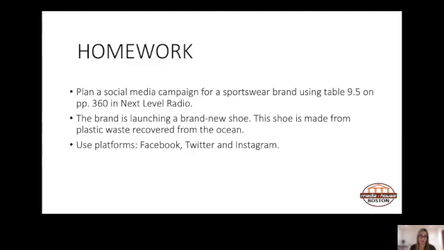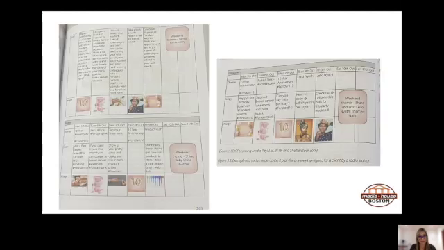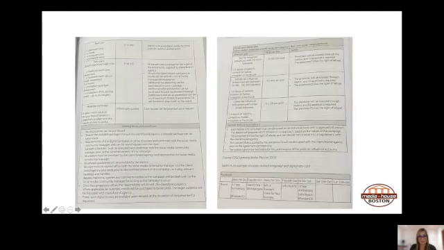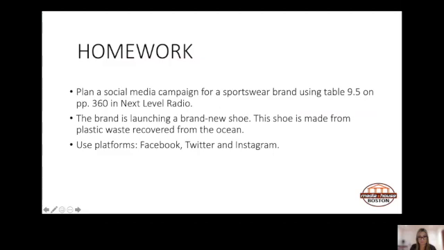So you need to utilize Facebook, Twitter, and Instagram for your social media campaign. Okay, so a social media campaign, this can be an example. So both of these can be an example of a social media campaign, all right? That's also something that you need to do for your assessment. So it's something good for you to think about and to practice and to let me look at so that I can guide you so that we can see if you are going in the right direction, okay?